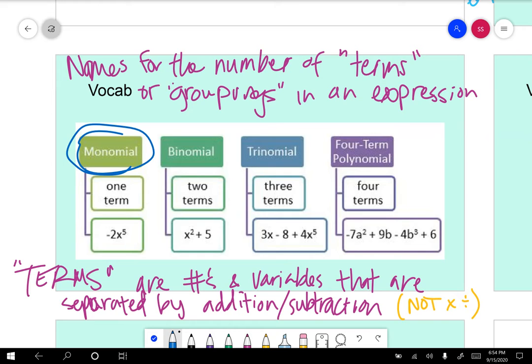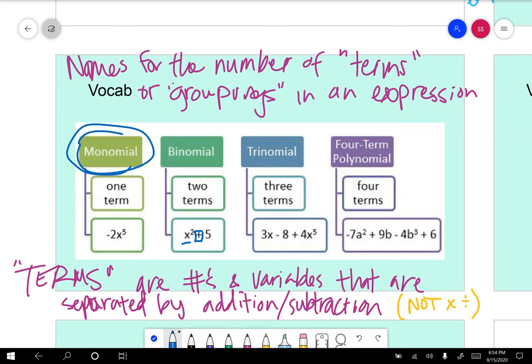If there are two terms, so in this case we have x raised to the 2nd power, so we're basically multiplying it by itself, right? And then we have 5, but we're adding 5. So because we have one addition sign, or if it was a subtraction sign, we would count that too, we would call this two terms.